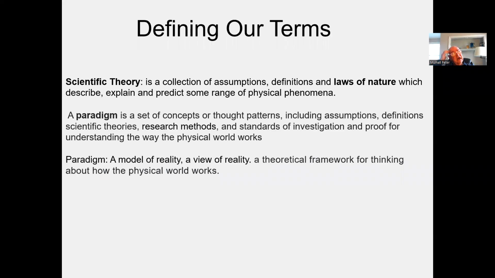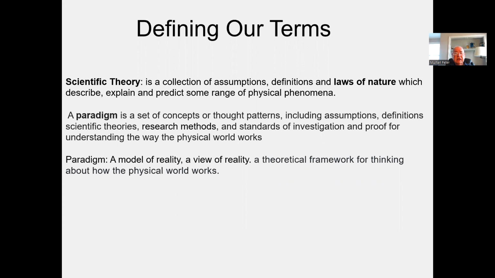So let us take that as our definition of scientific theory. And finally, well, not finally, but very importantly, going up one higher level, we have the definition, I'll use the word paradigm, coming from Thomas Kuhn's famous book, The Structure of Scientific Revolutions. A paradigm is a set of concepts, thought patterns, including assumptions, definitions, scientific theories, research methods, standards of investigation and proof.